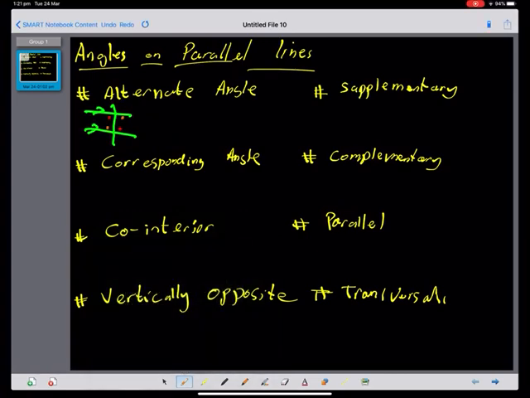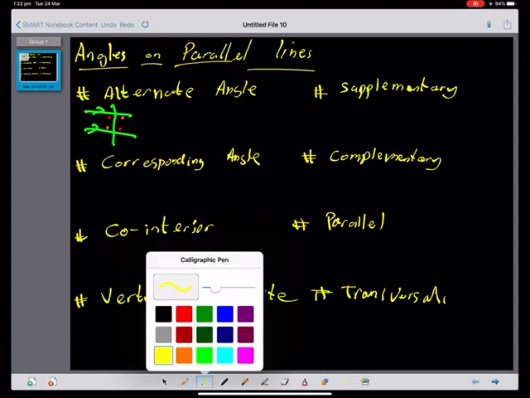Alternate angles are equal or congruent. I prefer congruent. Alternate angles are equal, but congruent is a better word. Okay, so hopefully you did that in words. I've done it in pictures.